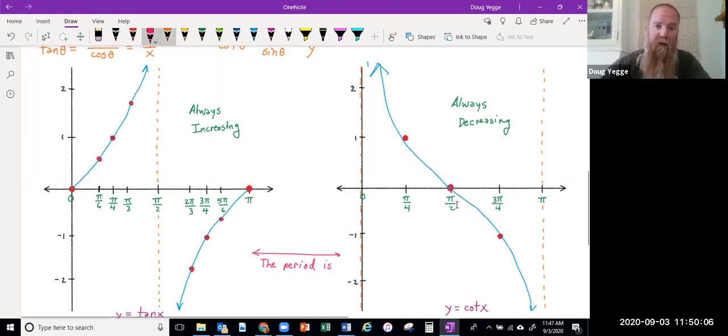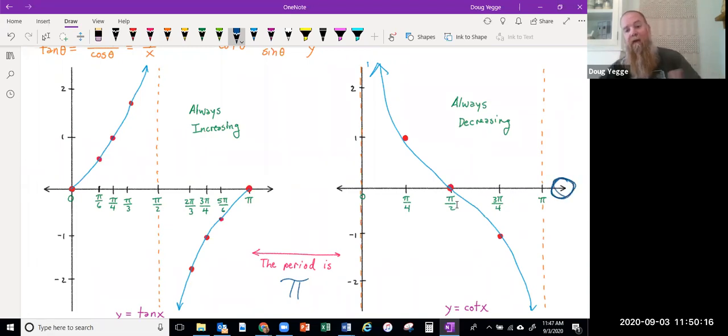But now we should realize that for these, the period is actually just pi. By the time I move past pi, I know that I'm going to get the exact same graph. More specifically, once I go any multiple of pi, if I were to go from pi over 2 to 3 pi over 2, the graph would start to repeat again.